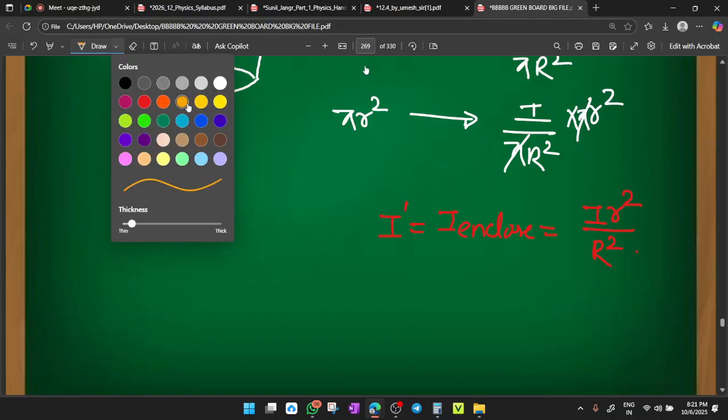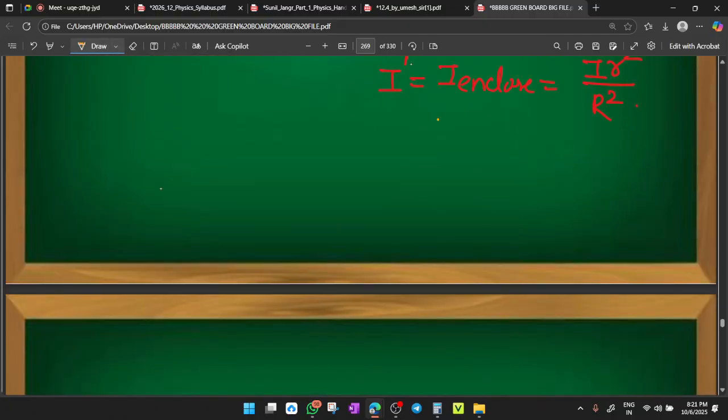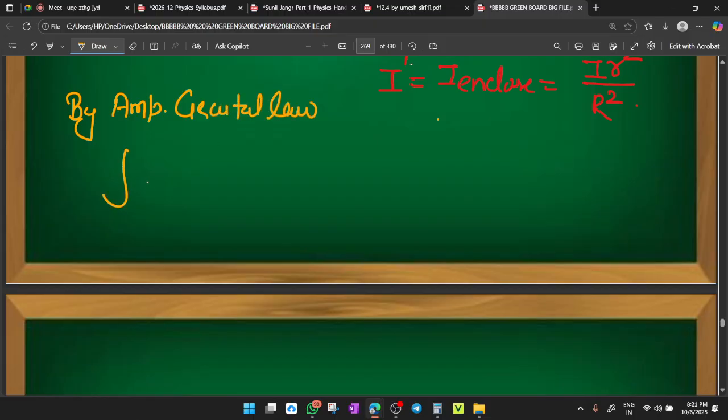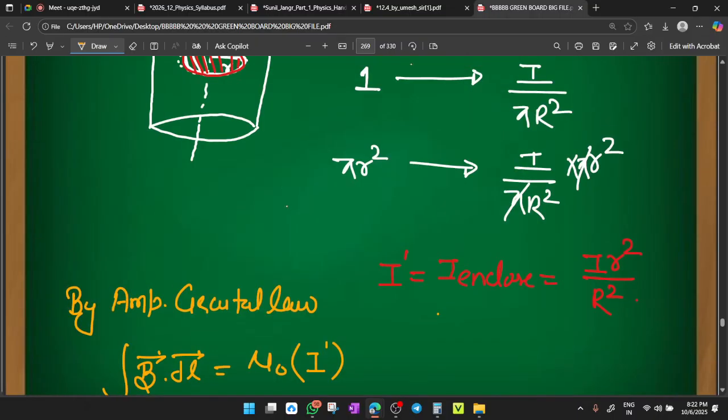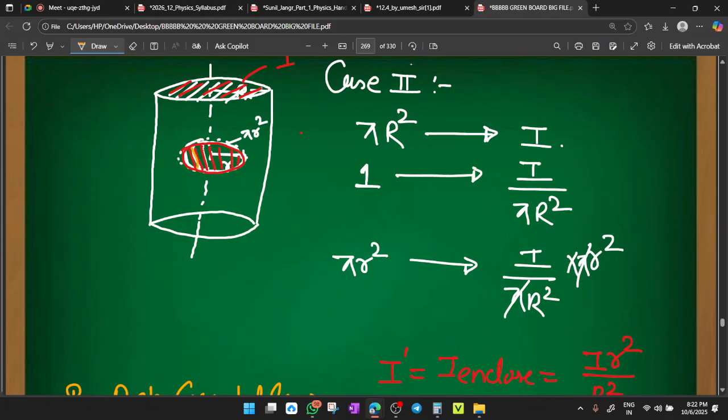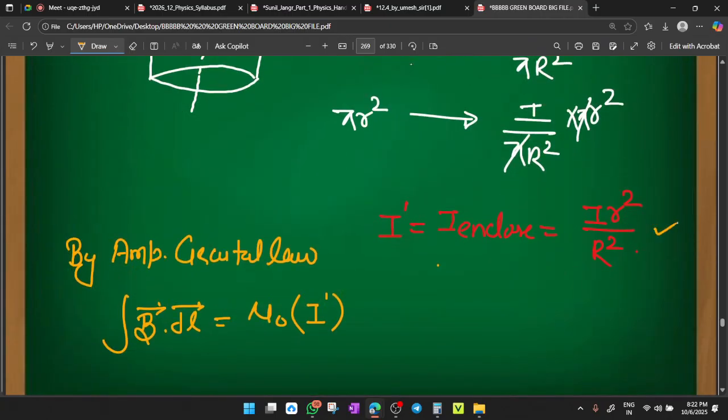Now using Ampere circuital law, the integral of B dot dl equals mu naught multiplied by I. My dear, it should be I dash here, because the enclosed current through this section is not I, rather it is I dash.